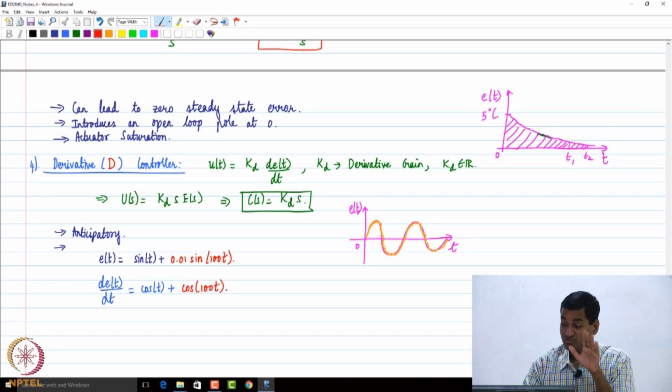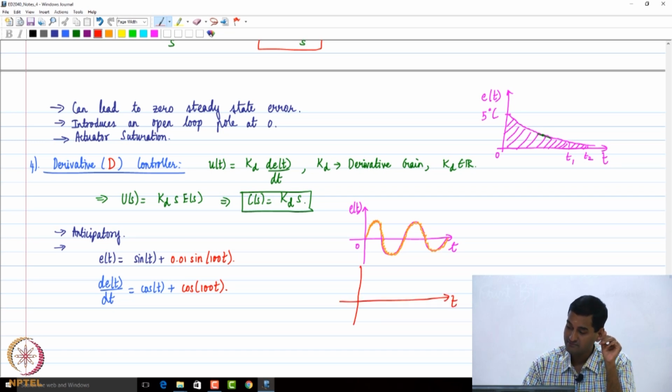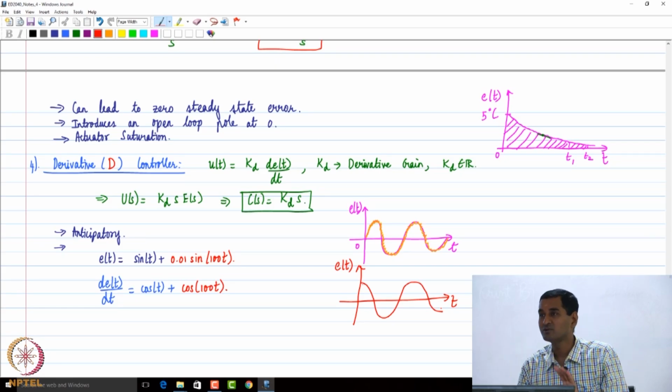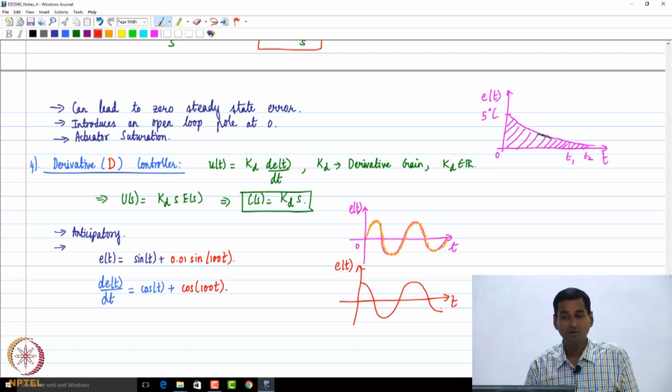What should have been my derivative signal in the ideal world? It should have been only cos t, which will be like this. That should have been my ideal derivative signal, which should have been the control input. But what is cos 100t? It is an extremely fast cosine signal, and cos 100t is going to mask this cos t.